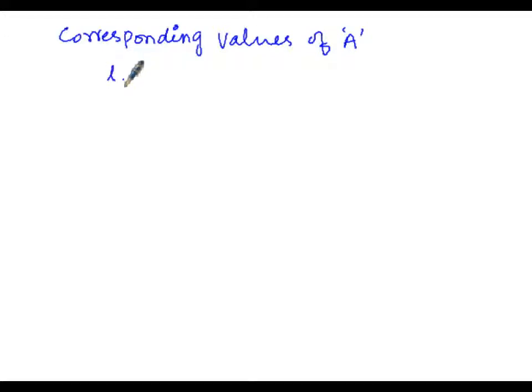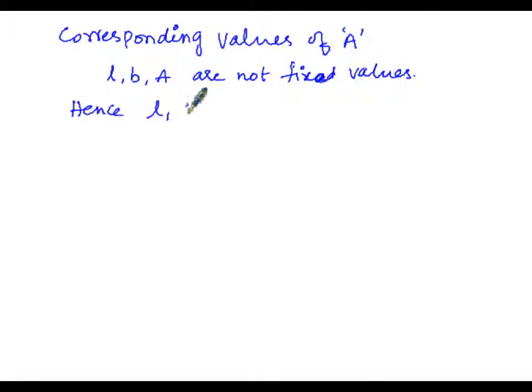Hence L, B and A are not the fixed values, and they are said to be called the variables. So here hence L, B, A are the variables.